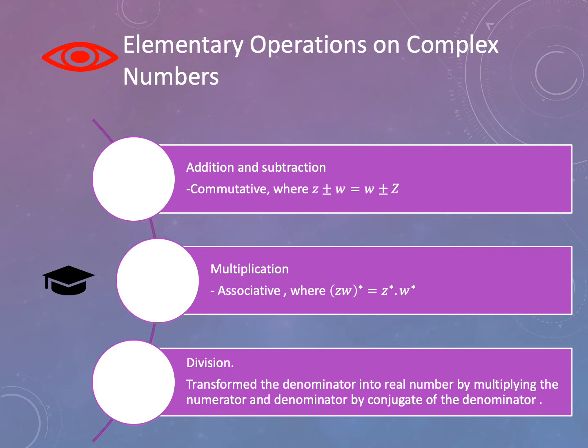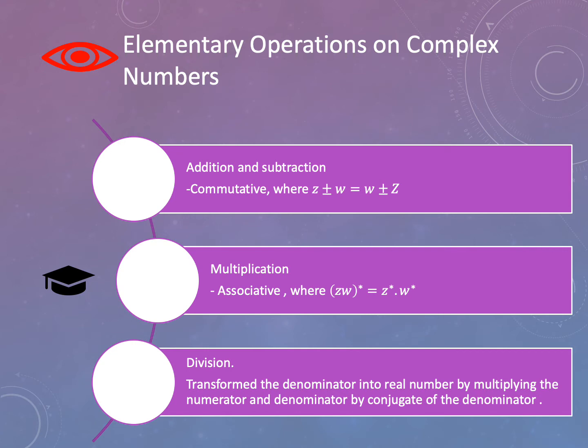Multiplication. To multiply two complex numbers, we just use the combining like terms method. Don't forget, when we obtain i squared, it means we have the square root of negative 1 squared. We get negative 1.